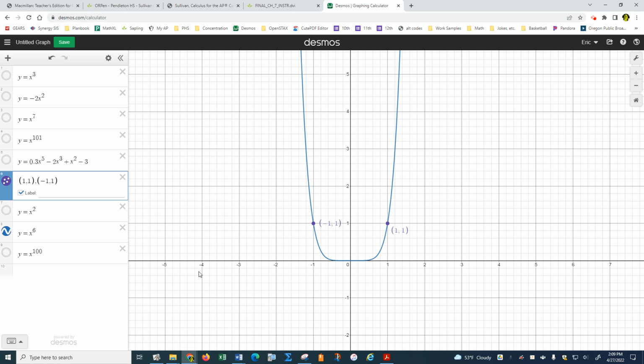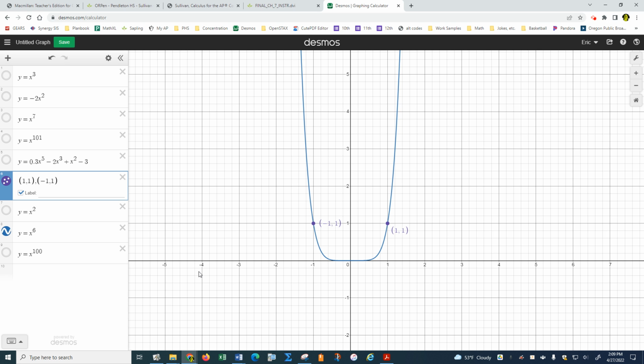What's the left end behavior for an even power of x? As x approaches negative infinity, what am I doing? Going up, right? f of x is also approaching positive infinity. So we get positive end behavior both to the right and the left for an even power of x, okay?